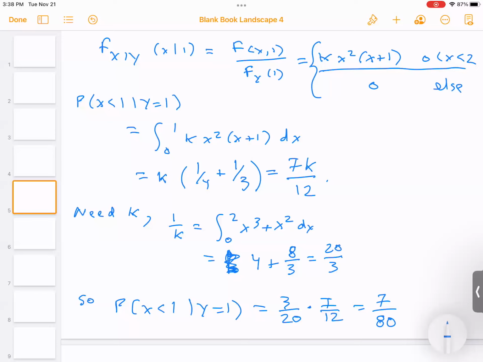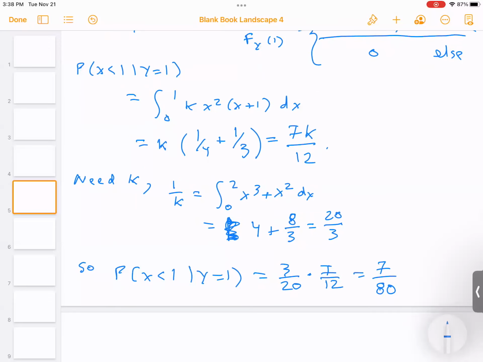It's about 1/10. Even though it's half of x's domain, its probability is small. It's very flat for small numbers, right? So it's very low density on small numbers, and that's why there's more probability for x to be bigger.